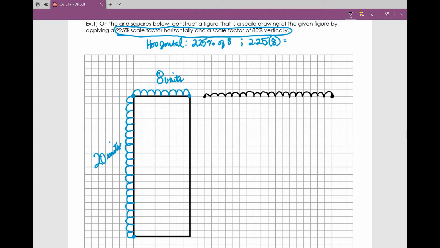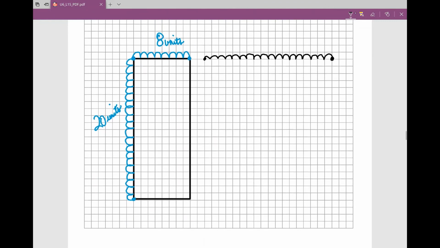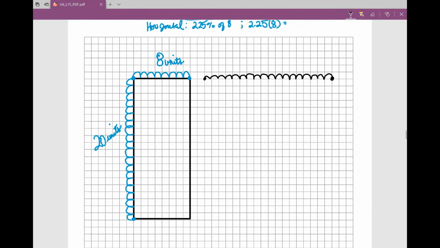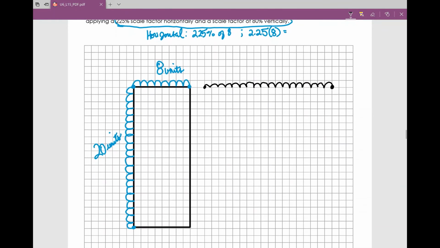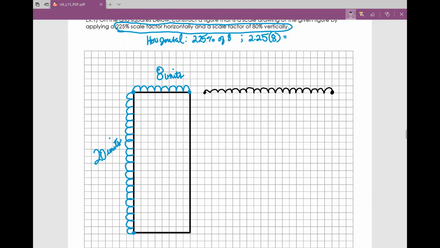So that's our horizontal figure. And I don't think we're going to have enough room, but maybe we will. So this is our horizontal now. Let's make a line here.